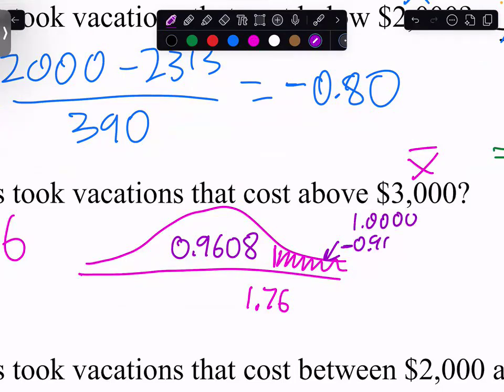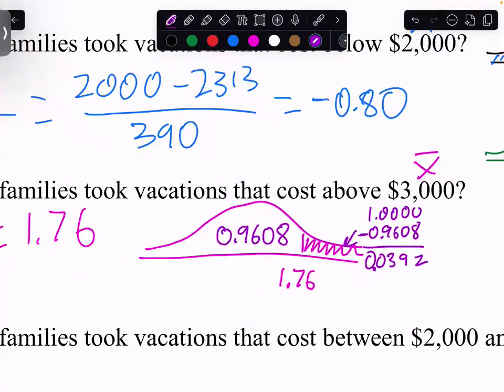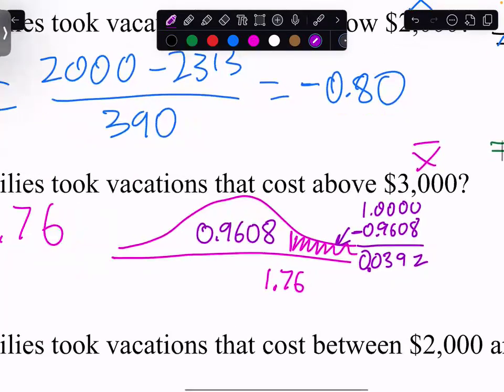Again, you won't always subtract from one. It's just a coincidence that so far, all of them have been subtract from one. So the decimal form is 0.0392. In percent form, you move the decimal twice, 3.92%.